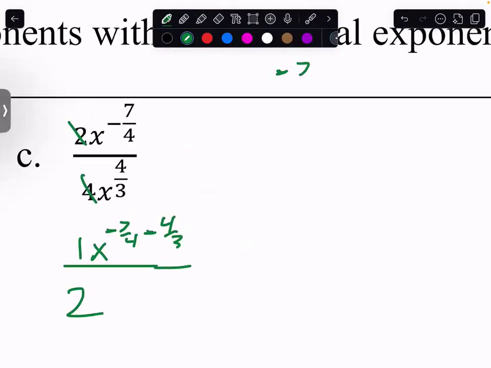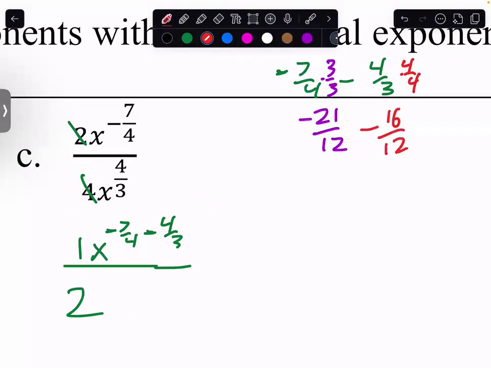Okay, so now, because you're subtracting fractions, you do need a common denominator. 4 and 3 could both turn into 12. Okay, so negative 21 twelfths minus another 16 twelfths becomes negative 37 twelfths.